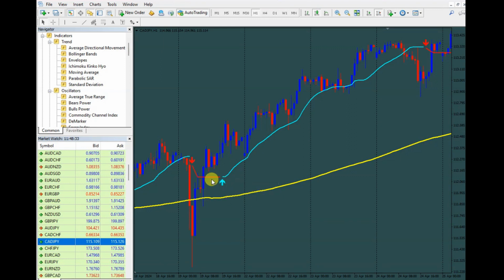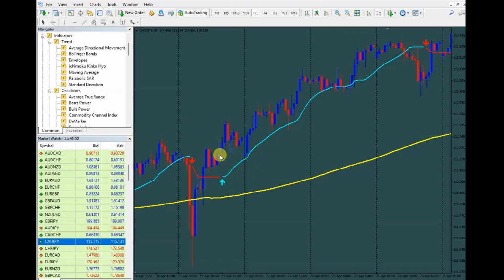Once you have the arrow pointing up, and the color of the indicator changes from red to light blue, then you have your confirmation that the market is expected to move up. So in that case, you open a buy trade.